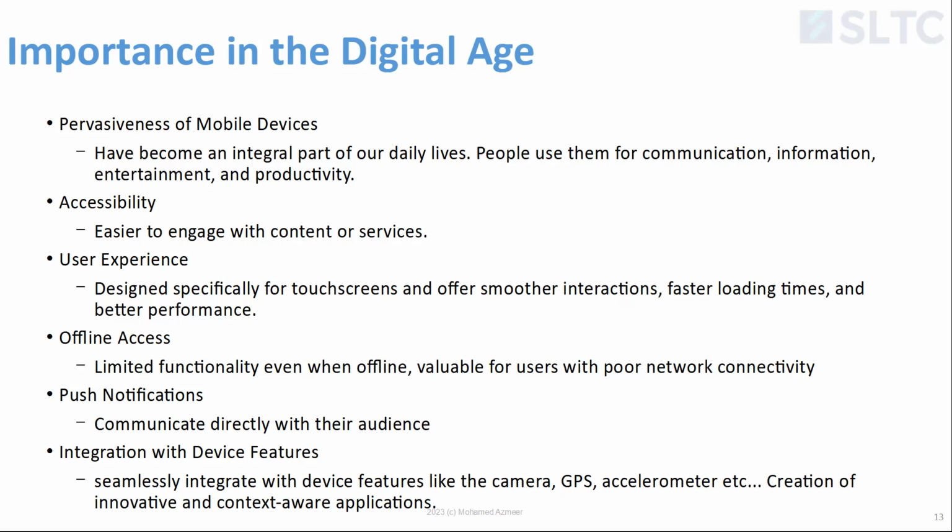And then the offline access. What does that mean? Especially when you are traveling, we might not have internet access, right? So in that case, how do you access our services, for example? Say, for example, you're using WhatsApp and then there is no connectivity.